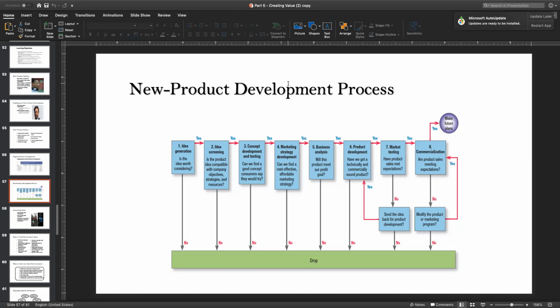Once the idea screening is done, and if it goes through that step, that's when the concept development and testing phase starts. Here is where we determine, can we find a good concept consumers say they would want to try? Now, if you happen to see any of the auto shows, they always have concept cars, the cars that are coming 2 or 3 years down the line.